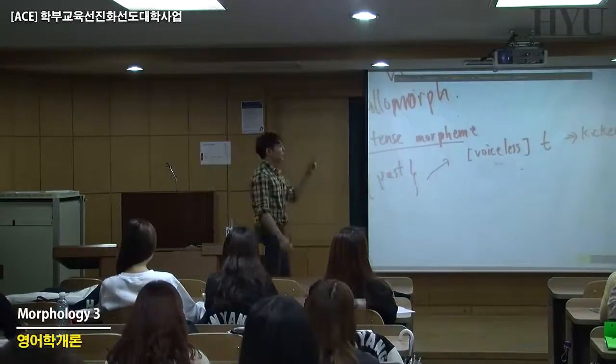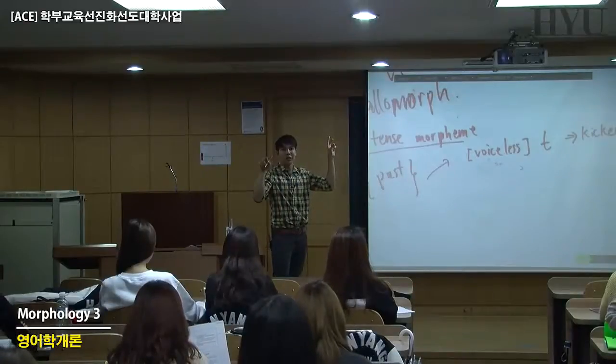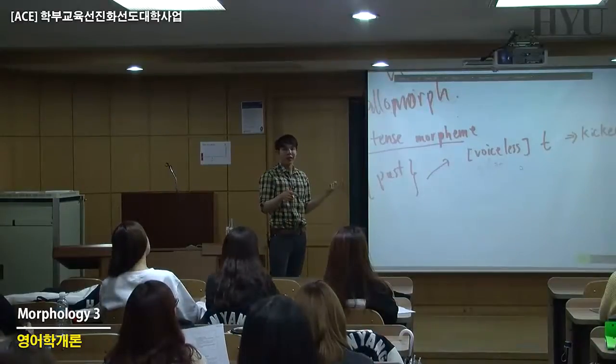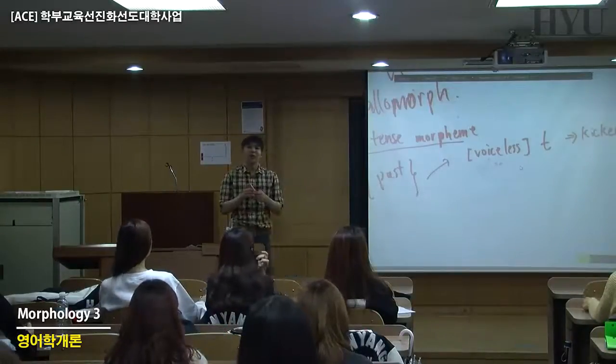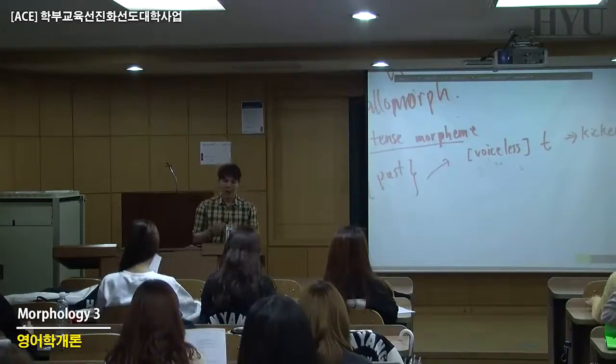Because the ed occurs after the k, which is a voiceless sound, so it's pronounced as a t, which is voiceless. And you can explain that through what we call assimilation in terms of voicing.